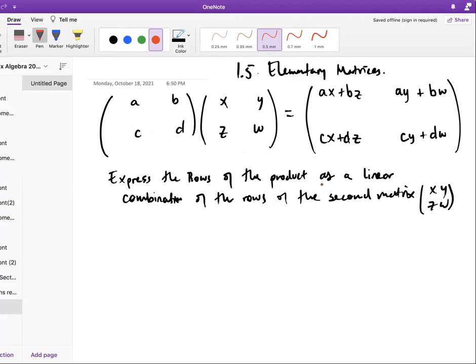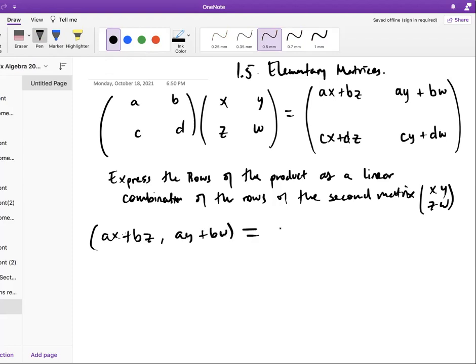But what I want to try to think about is, can we express the rows of the product as a linear combination of rows of the matrix? So this is what I mean. Look at the first row of the product, AX plus BZ and AY plus BW.